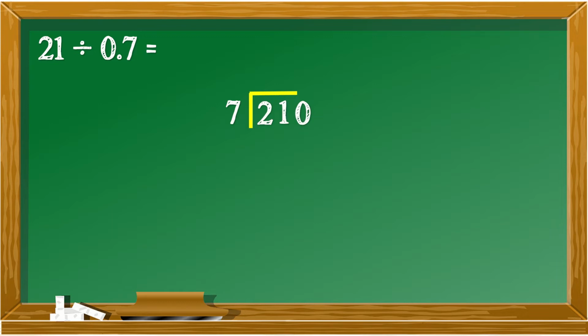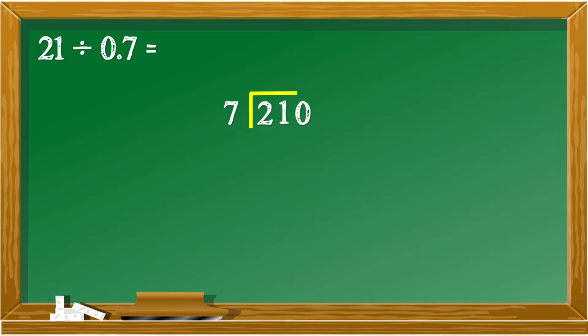And let us start dividing. Since we have a 1 digit divisor, we will also get 1 digit from the dividend. But we cannot divide 2 by 7. So we will also get the other digit, which is number 1.